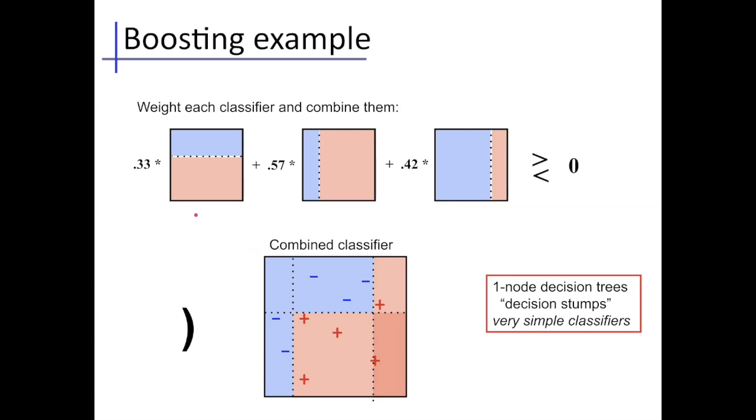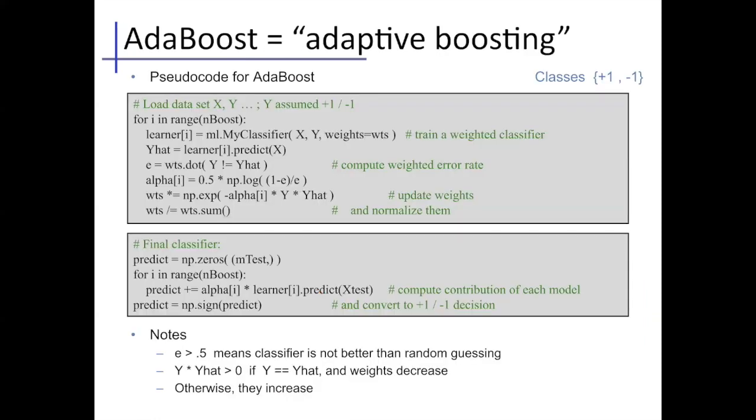However, people found out this type of stump turns out to be very powerful if you combine many of them. If you combine many of the stump decision trees, in the end you can get pretty good classification models. So this is something called error boosting. I have some pseudo code here, and you can take a look at it if you want to find out some of the details.